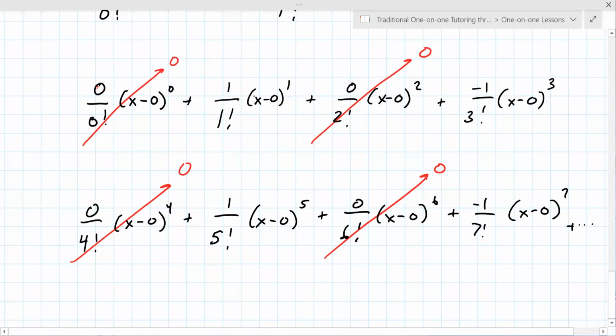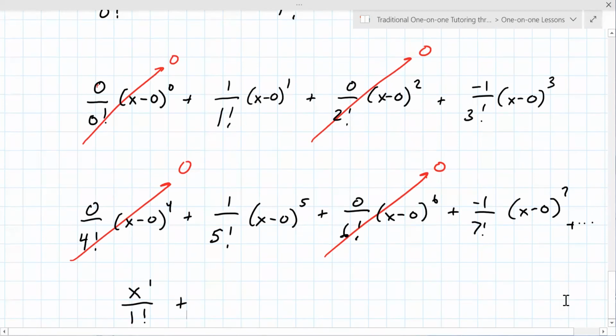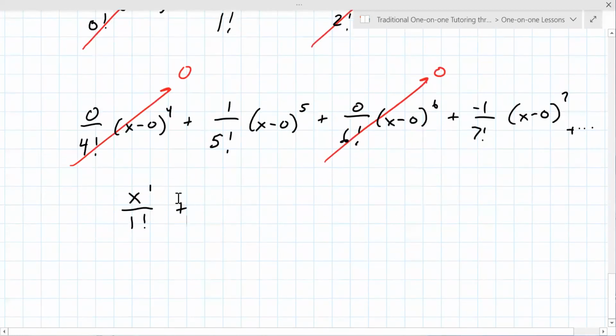We're gonna say, okay, well, it's really, and I actually prefer to write the factorial for a while. It's always x to the n, whatever n is. So your first term is actually x to the 1 over 1 factorial plus, actually it's -1. I'll do it that way. Let me rewrite that.